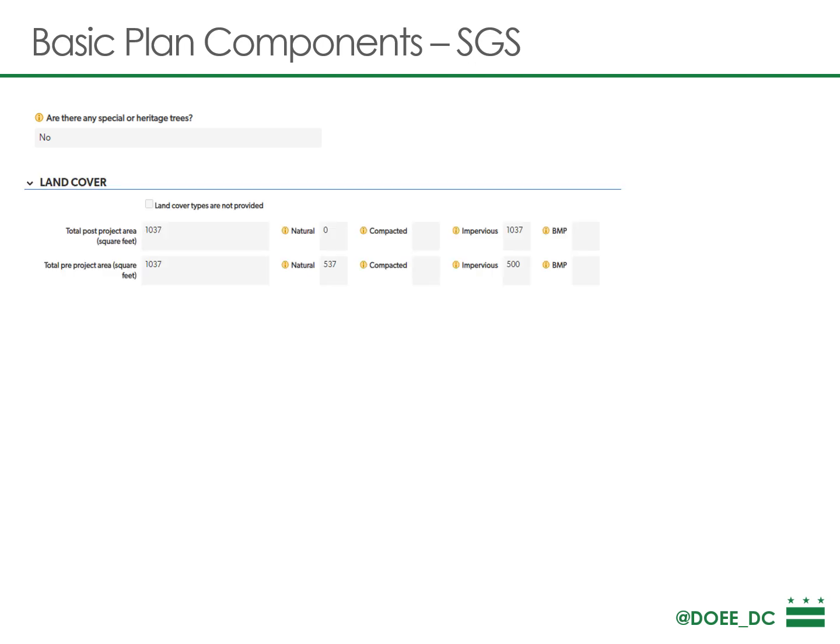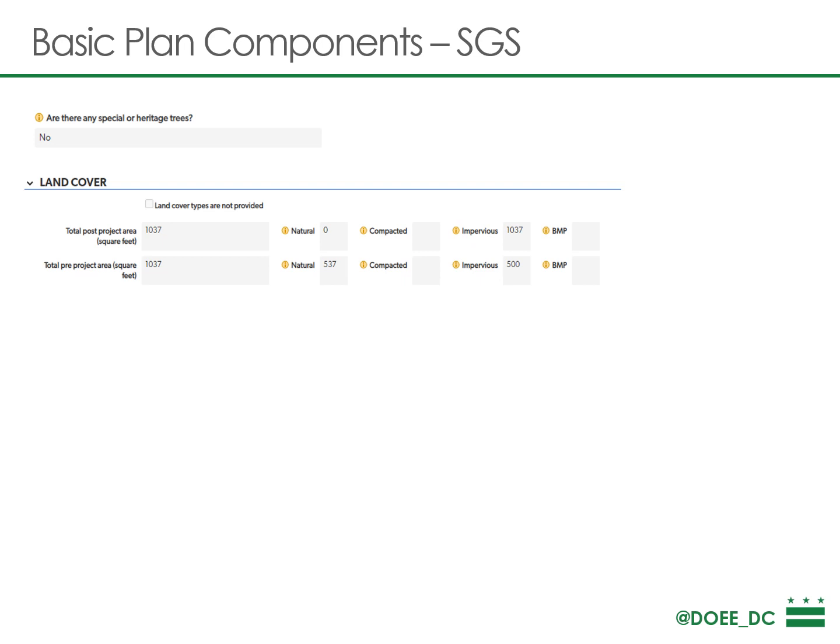The land cover must be input, so you can see here the total project area is a composite of the 4 different land cover types really, natural, compacted, and impervious surfaces. Oftentimes we see natural cover input when it is actually compacted cover.